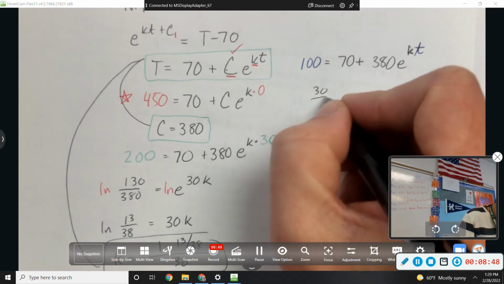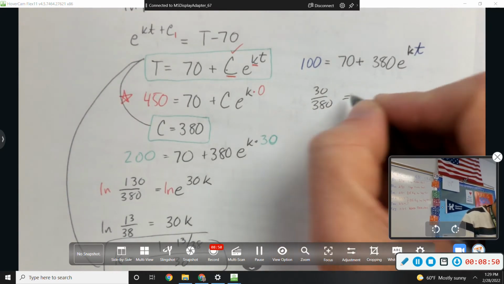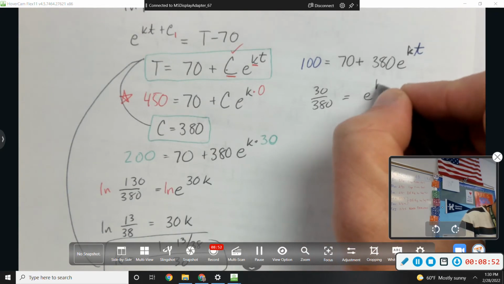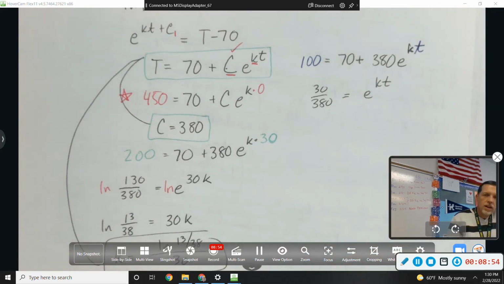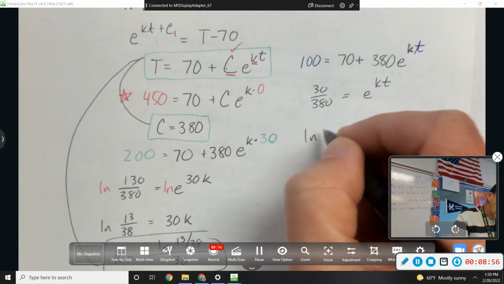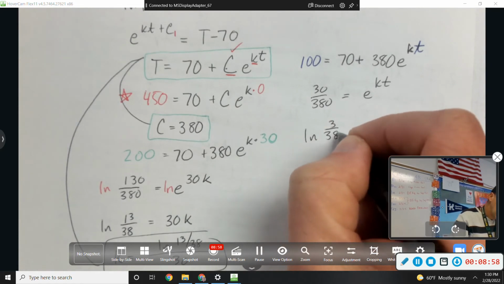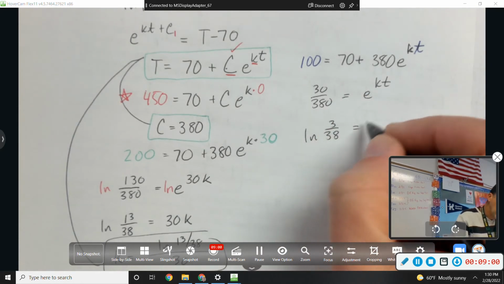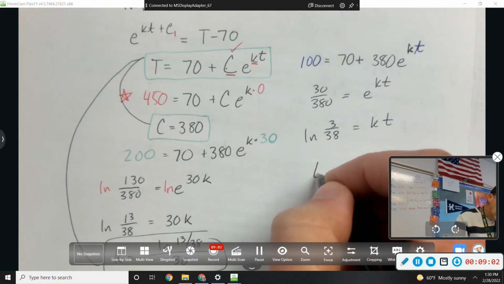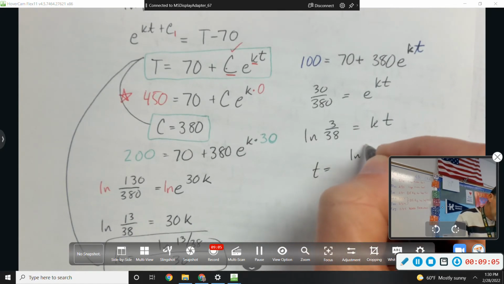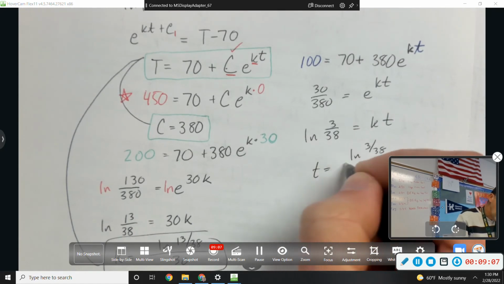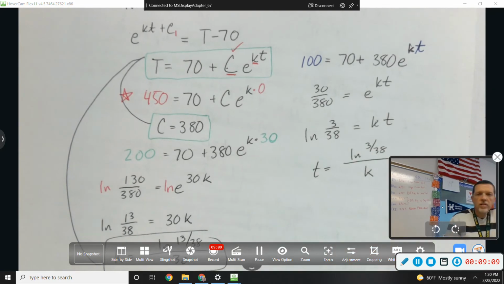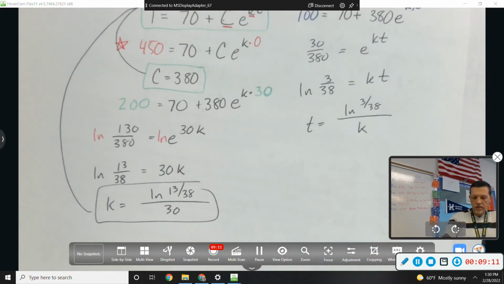So 30 over 380 equals e to the kt. Natural log both sides. A little bit of reducing. So natural log of 3/38 over k.